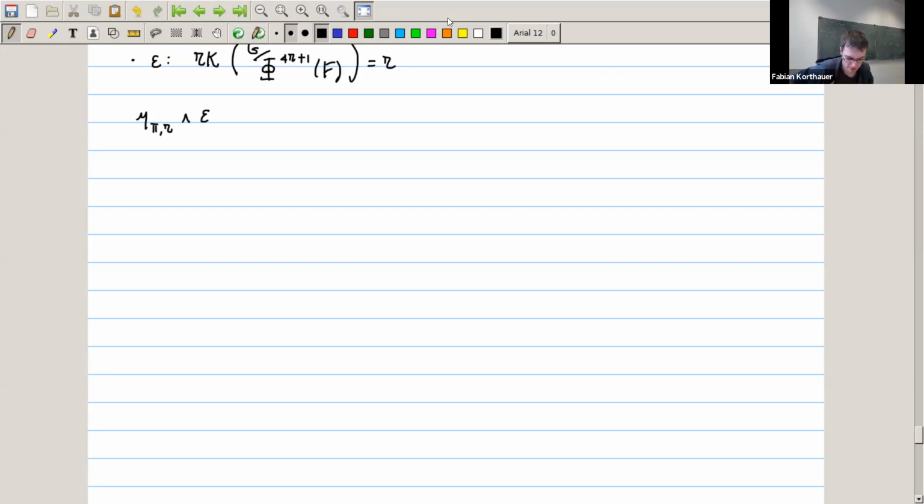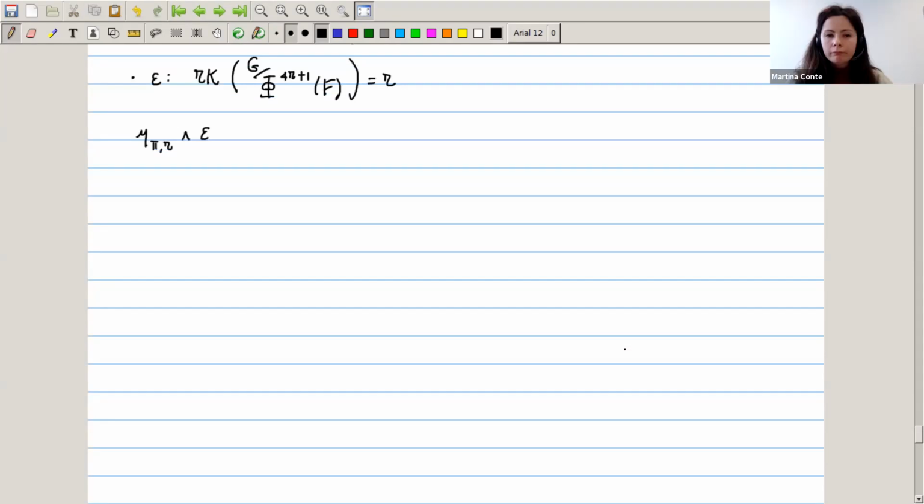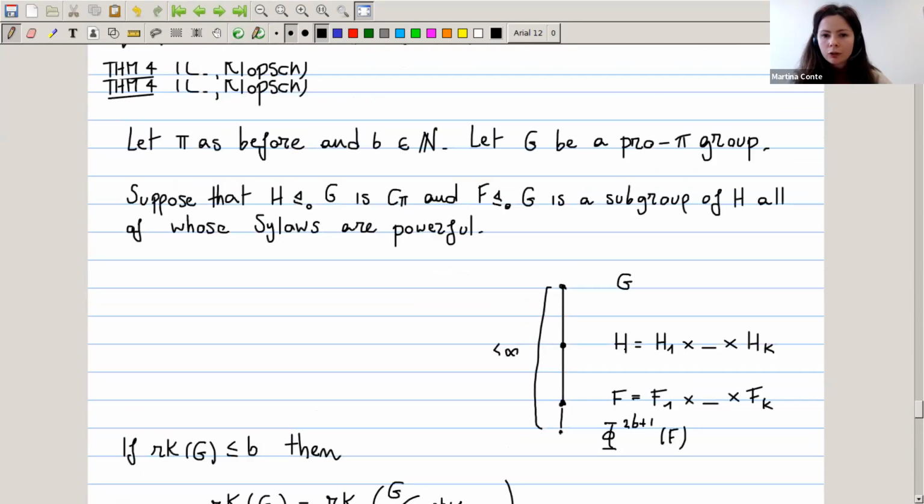Fabian, maybe I can start. The dimension obviously also has a geometric interpretation. So can you also, for the rank of a p-adic analytic group, express this in terms of the geometry? I actually don't know.